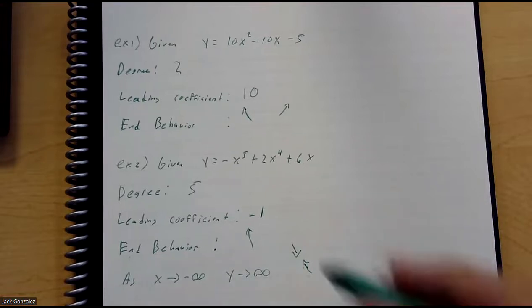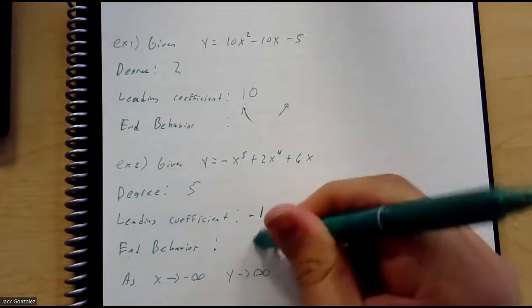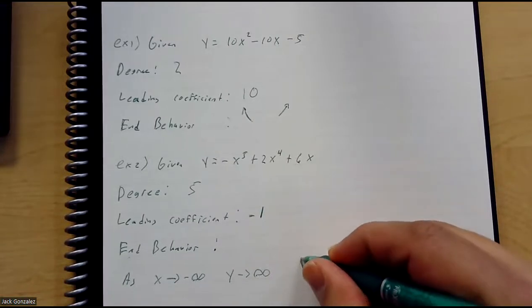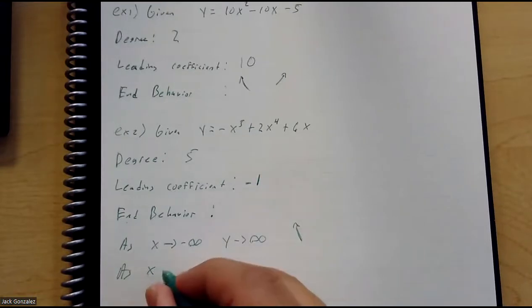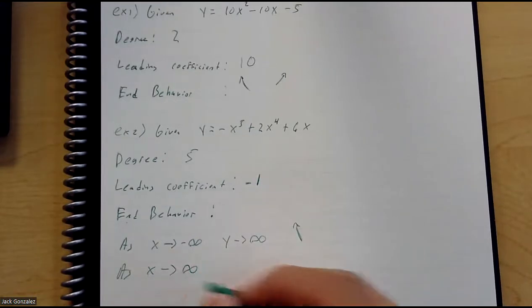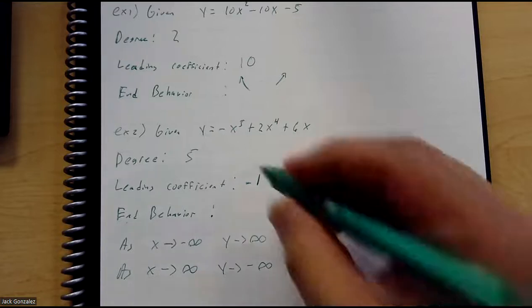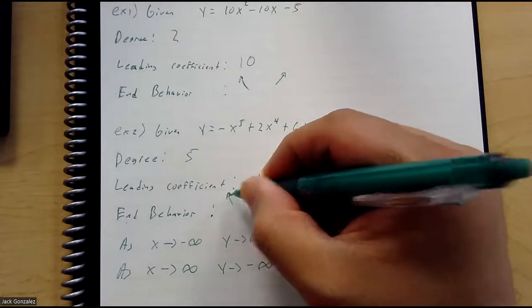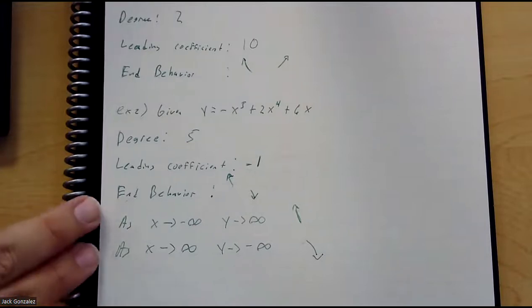Let me write this better. As x goes to positive infinity, y goes to negative infinity. That's why we have this shape. Does that make sense, how the homework is asking the question?